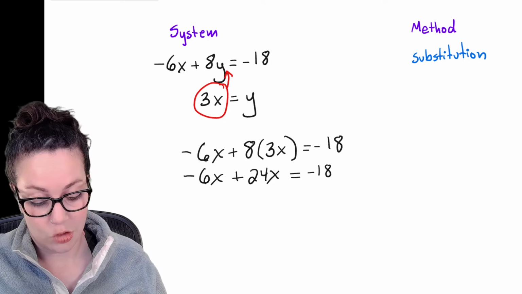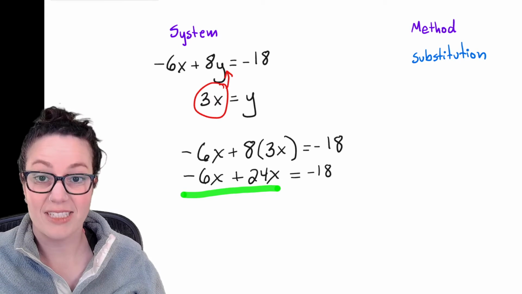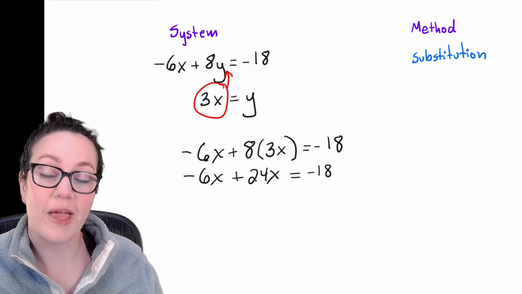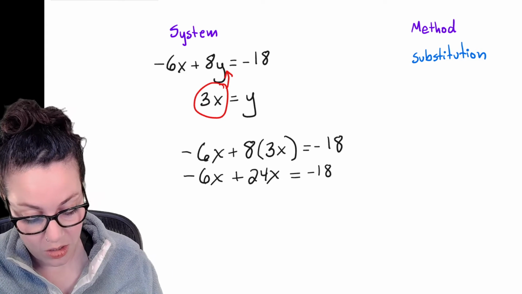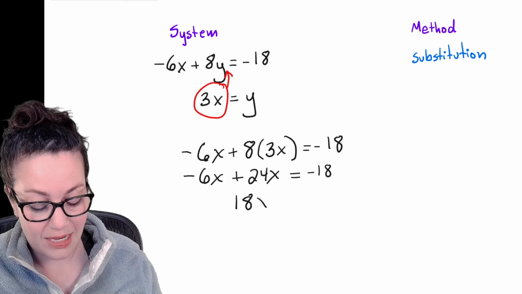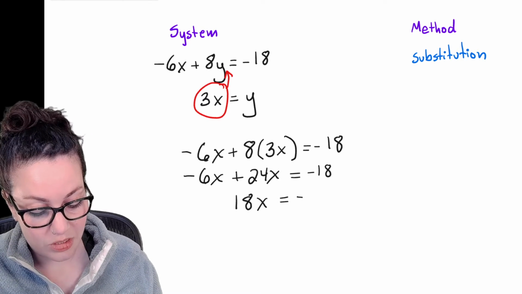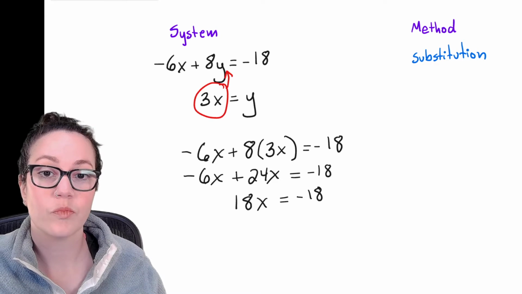We'll combine like terms. These both have x's, so they're like terms. So we've got negative 6x plus 24x. That's going to become positive 18x, and that's equal to negative 18.